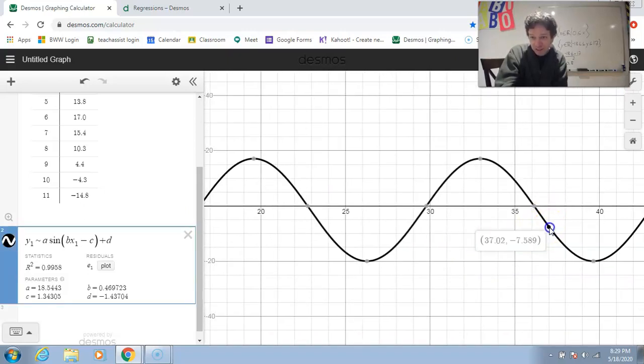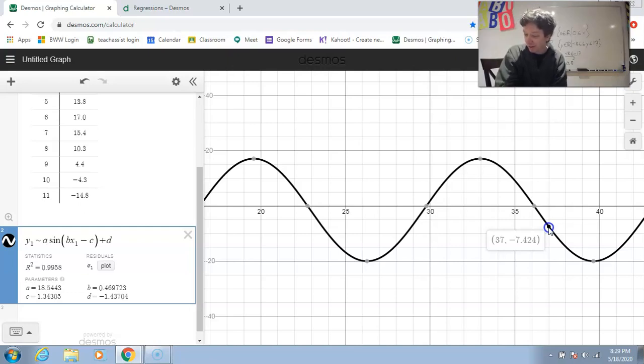You can click on it and drag, and it looks like 37 is minus 7.4 degrees. So that's the average monthly temperature of the 38th month.